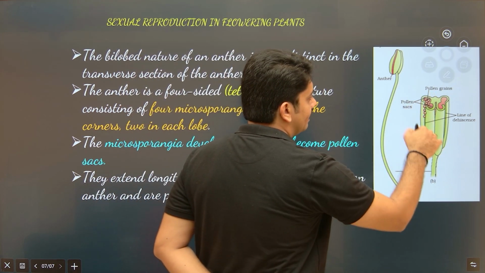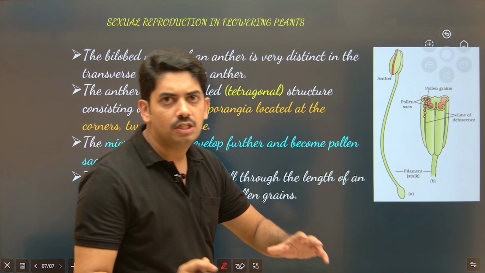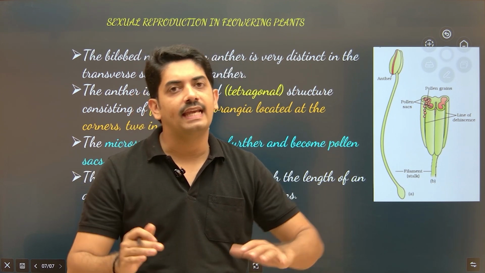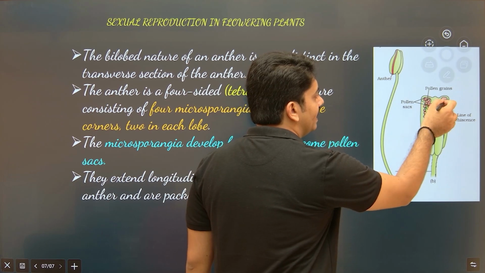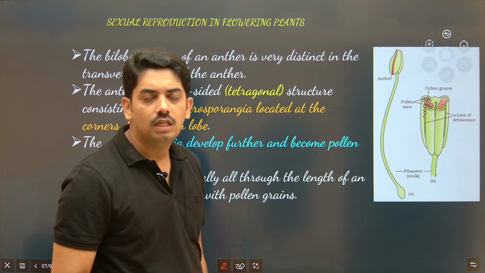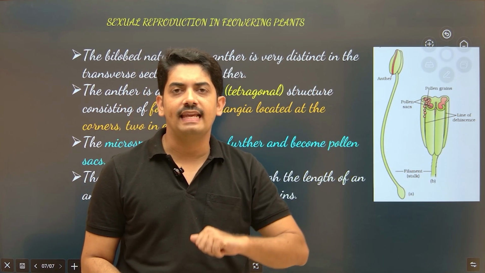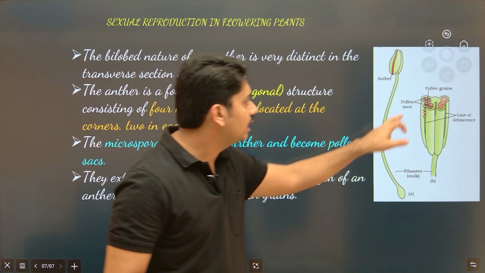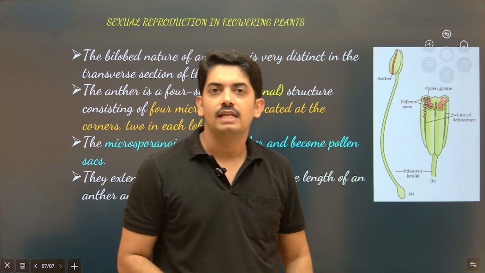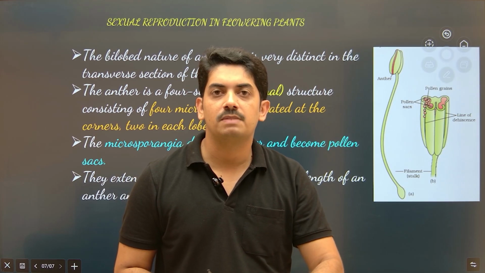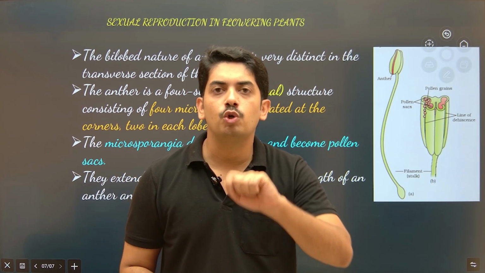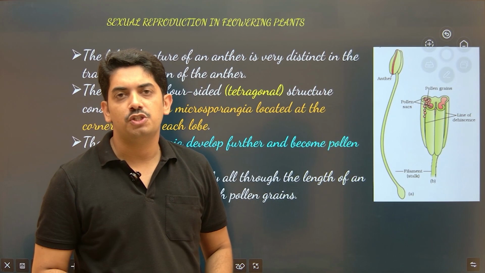Now, in this anther, the microsporangium is very clear only after taking the section. Now, where are they present? At the corners. If you observe the bilobed anther and take a transverse section, in the corners you observe the chambers, and inside the chamber what is present? Microsporangium is present. How many are present? Each lobe consists of 2 microsporangia.